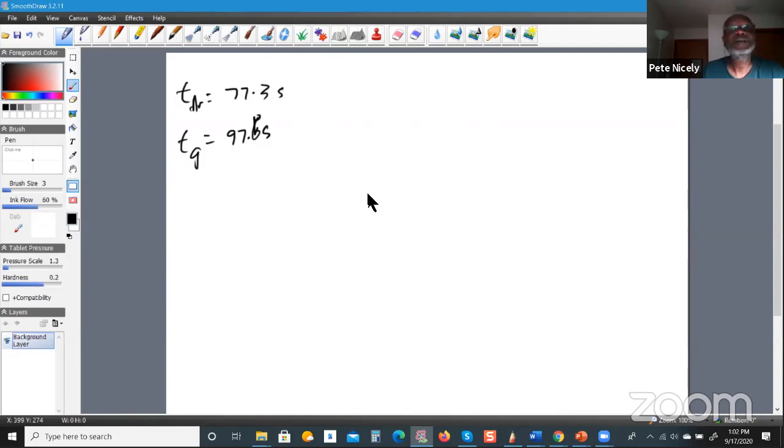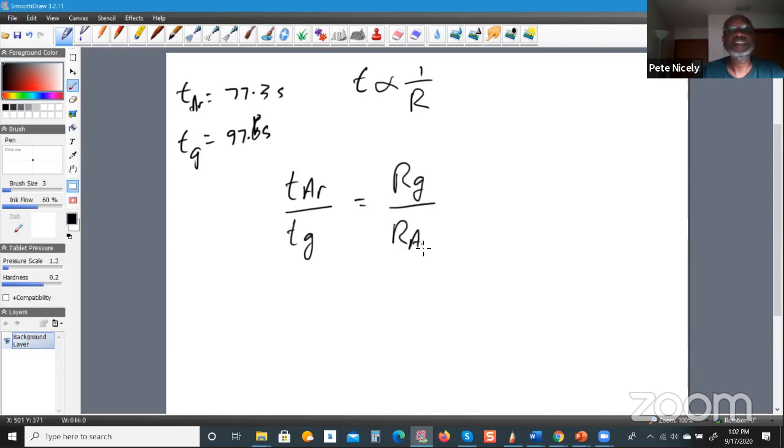Now, as I said before, there's an inverse relationship between the time of effusion and the rate, right? So time of effusion will be proportional to 1 over the rate of effusion, all right? So if I were to write this down, time of effusion of argon divided by time of effusion of the unknown gas would be equal to the rate of effusion of the unknown gas divided by the rate of effusion of argon.